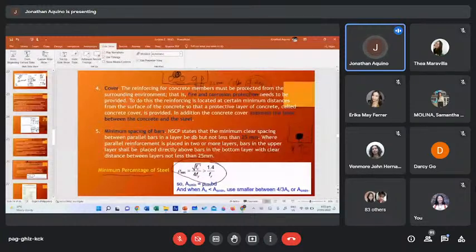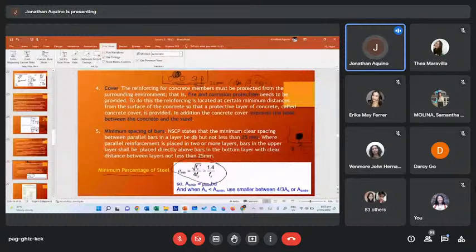Otherwise, pag masyadong maliit yung AS natin, the tendency of this section is magkakaroon ng cracking. Kaya dinisenyo din natin yung beam natin in such a way that the required area of reinforcement is greater than the cracking moment para wag mag-crack yung section natin.